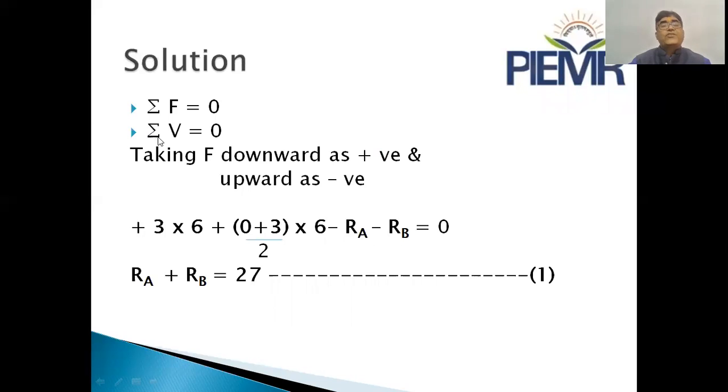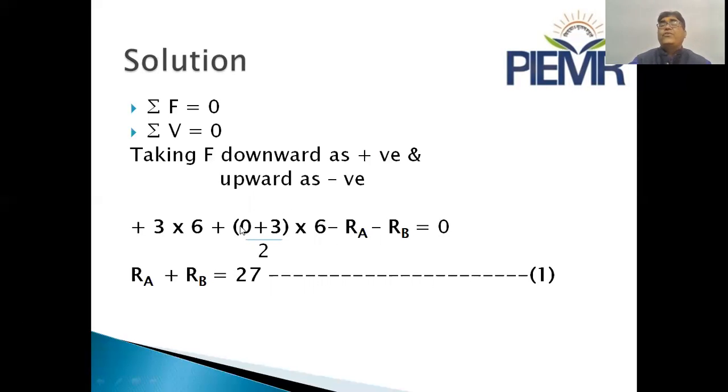So taking the summation of all the vertical forces equal to 0, and assuming the sign convention of downward force as positive and upward force as negative. So the downward force will be equal to 3 into 6, because we have already found that the load of 3 kilonewton per meter multiplied by the span of 6 meter will be equal to 18. We have already found that in the previous slide.